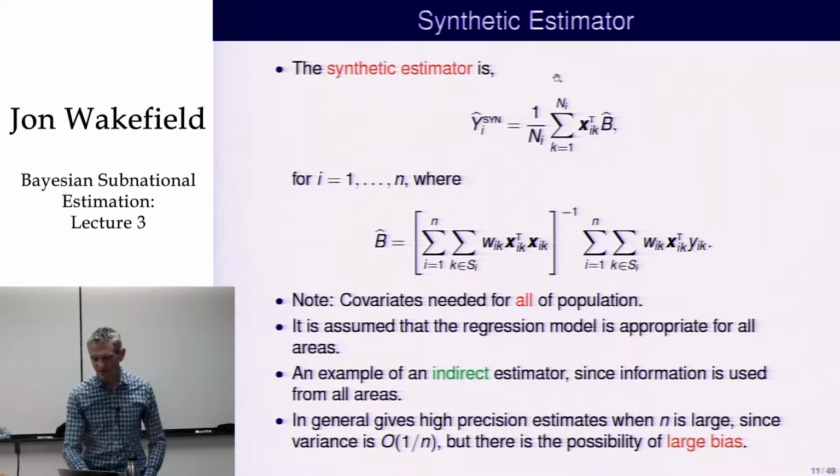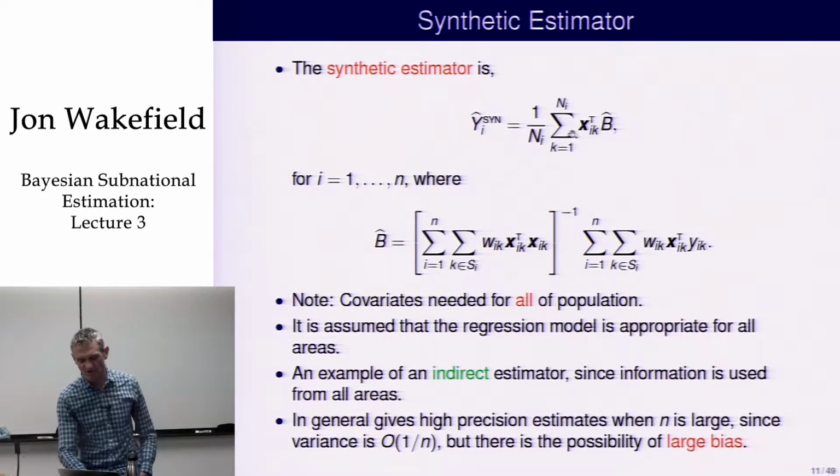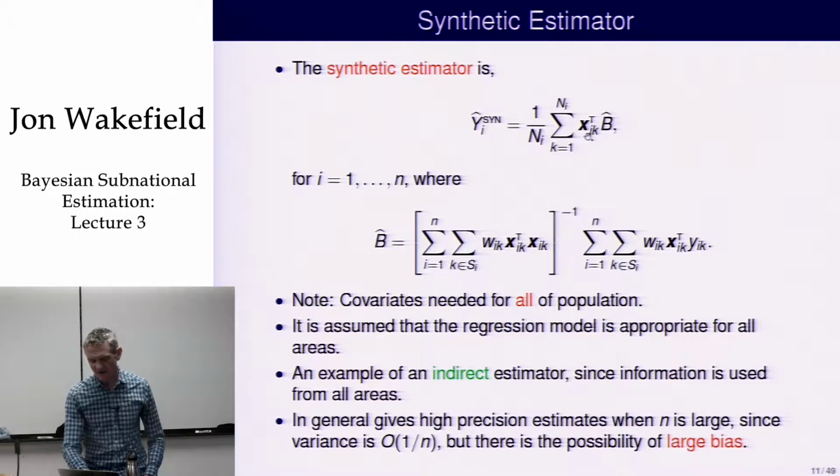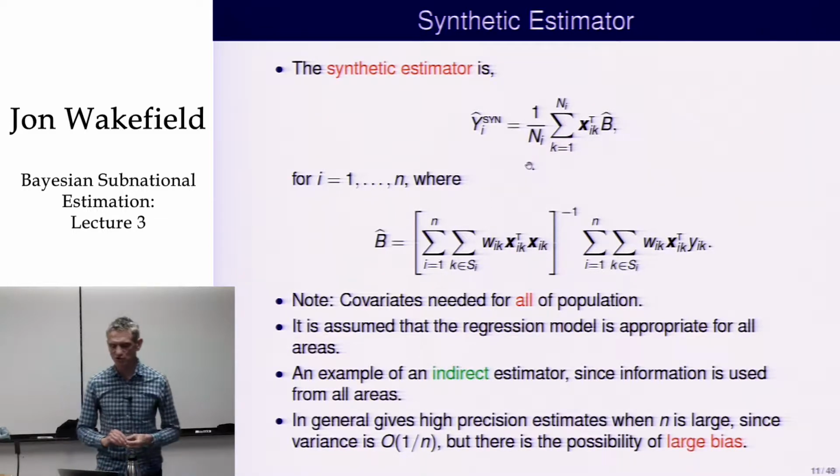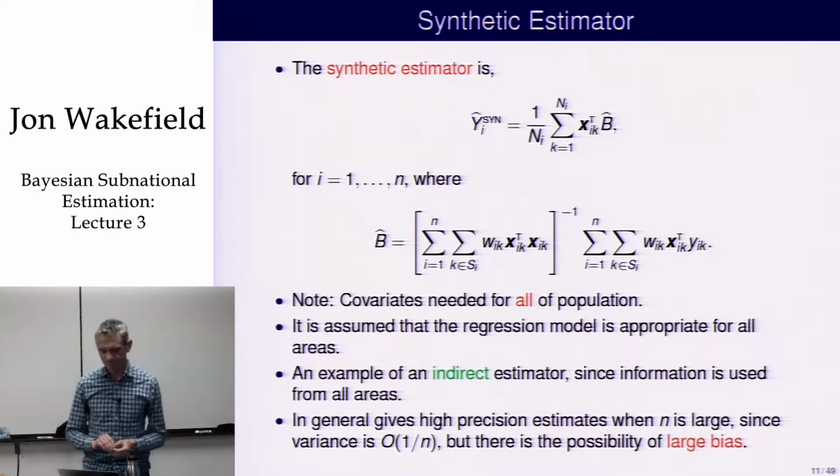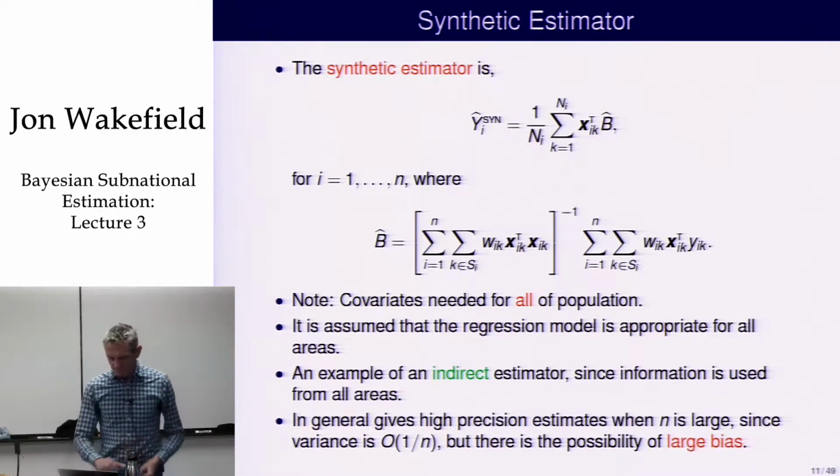So we're basically applying this model to everybody, the covariates from everybody in the population of area i. And this is giving us the mean, and then we're just dividing by N_i to give us the proportion, or the average. So that's the point I'm making here.